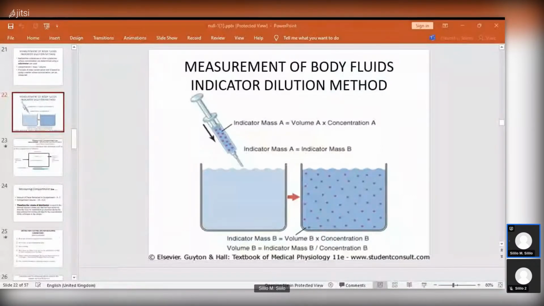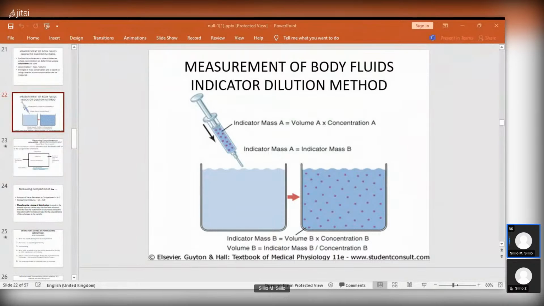So you get this fluid, you put it in here, and then you just get a simple sample from this fluid, and you calculate the new concentration. The mass of the dye has remained the same, only that it has been diluted, and we've calculated the new concentration.